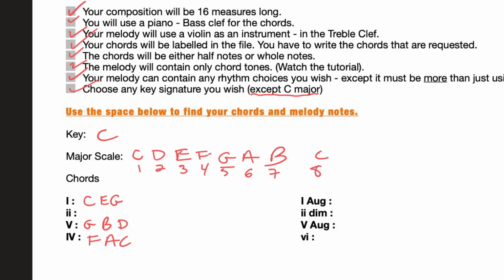Same concept. So our 2 chord is D, F, A. And then over here on the bottom right, the 6 chord starts on the A, because that's the 6th note: A, C, and E.